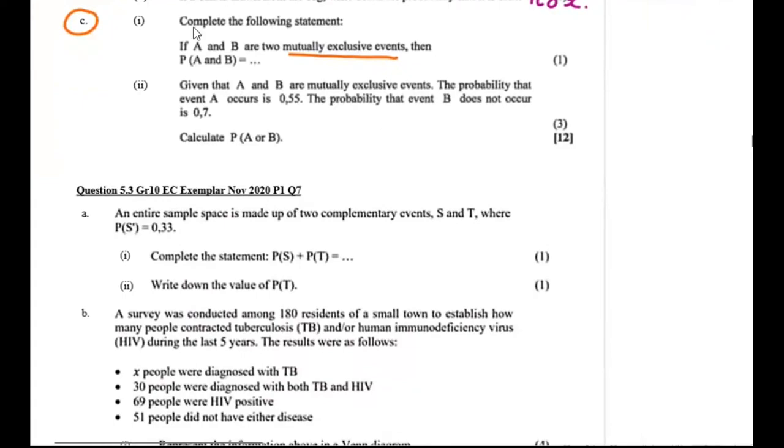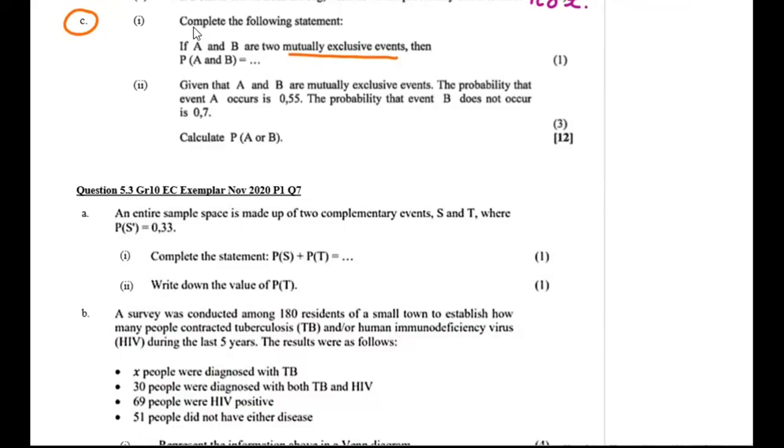Okay, so it says complete the following statement. So we started off with probability of A and B, but guys, try and think, remember this is the learning part, what it means for it to be mutually exclusive. Thank you, Emma. I've seen yours come through. Thank you, Stephen. Okay, what it means for them to be mutually exclusive, remember, the very unmathematical way of saying it is that there was no overlap.